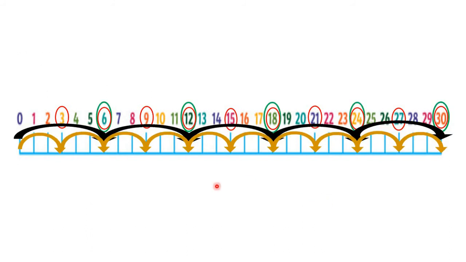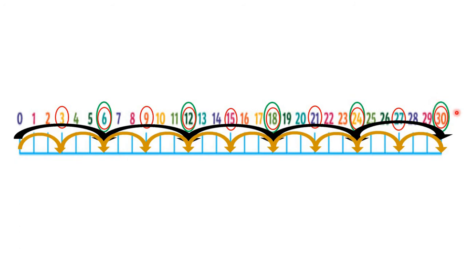Now kids, in both the cases we have used the number line from 0 to 30. So let's combine these two processes and it will look something like this. So you may say that the numbers which are encircled by both the colors, that means the numbers which have been appearing in both the tables, are the common multiples of 6 and 3.